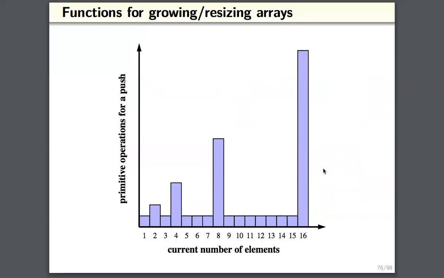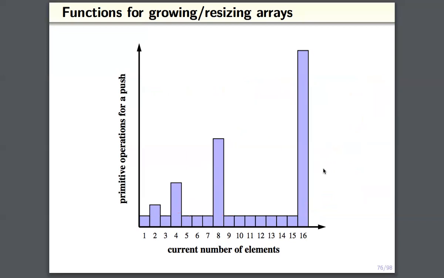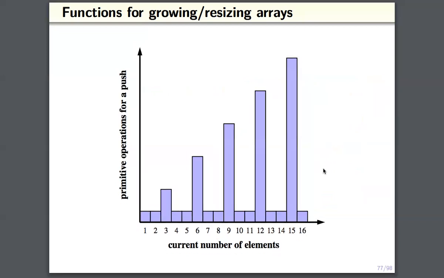So does this make sense? If you look at this plot, suppose you are resizing not in a geometric progression, but in an arithmetic progression. So what is the meaning of this?